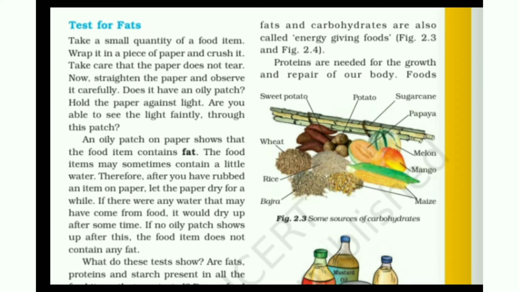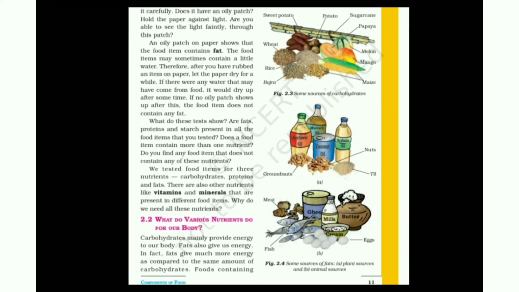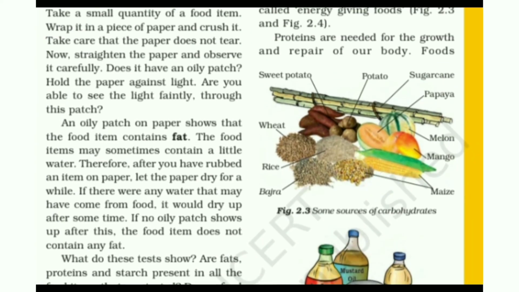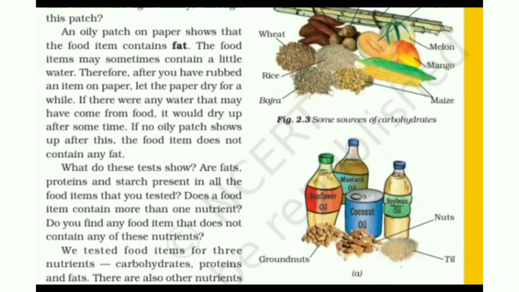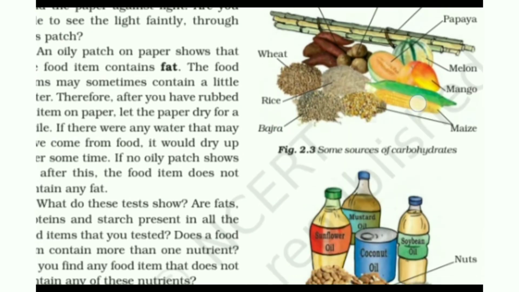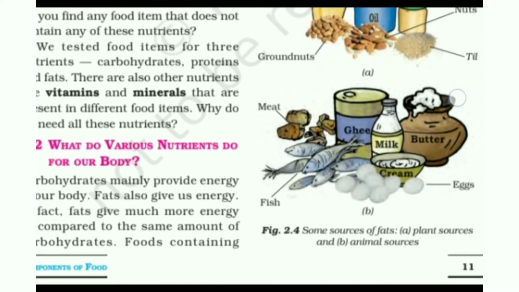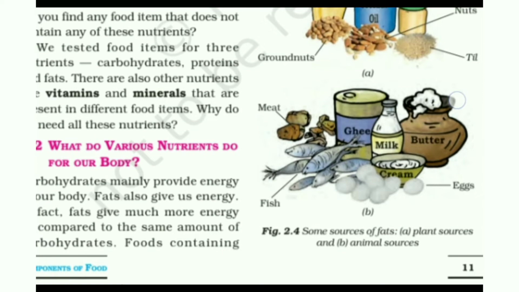You can see that these foods are containing what? Carbohydrate. Potato, sugarcane, papaya, melon, mango, maize, bajra, rice, wheat, sweet potato, and these are rich in which? Fat. Rich in fat.